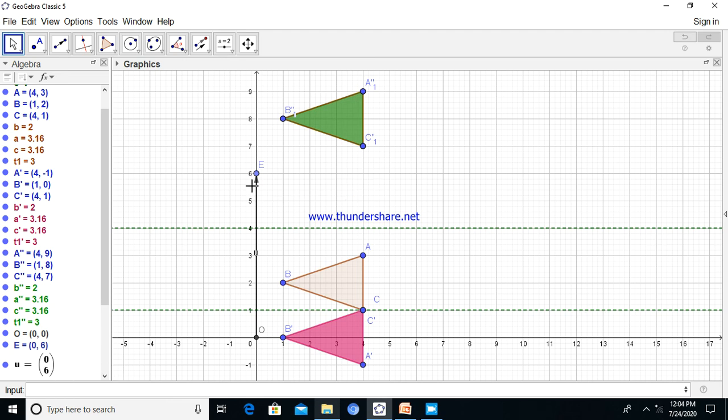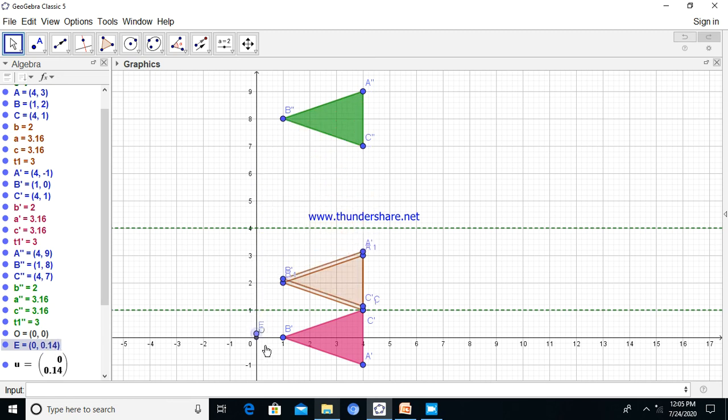So how is it possible? Translation is a displacement. Look here. Initially it is triangle ABC. Now when I do displacement like this, translation, it reaches here. So that's why this process is a translation vector. So what is my point?